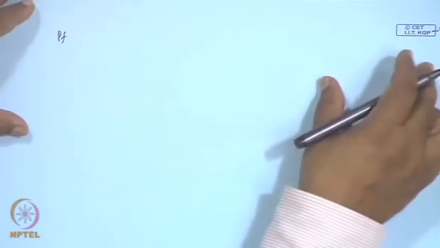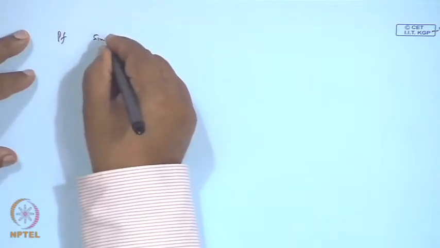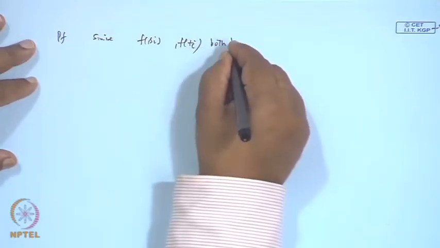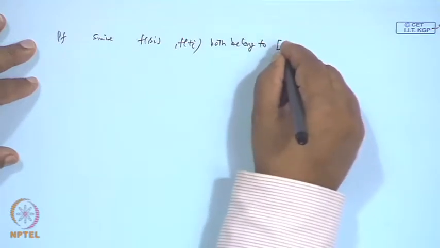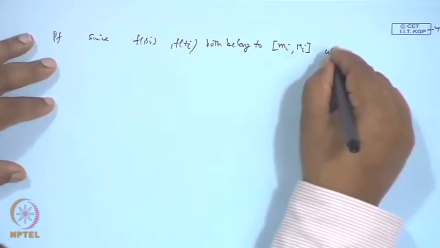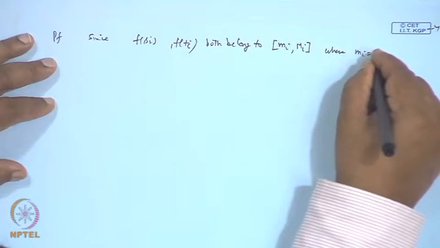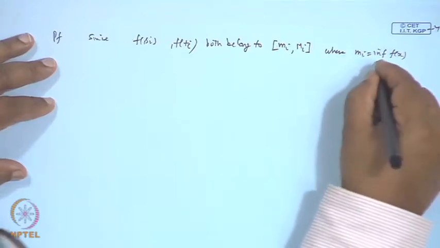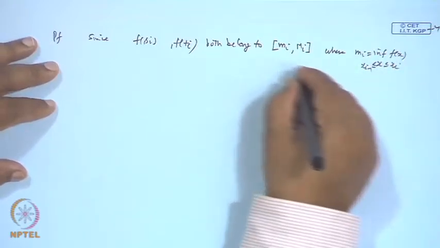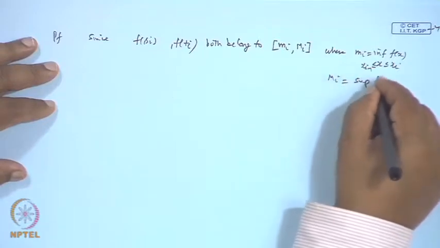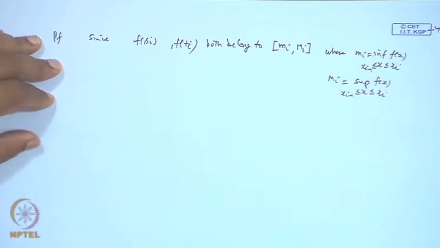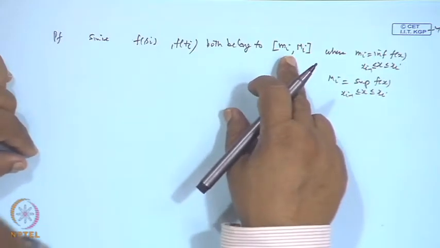Since f of S i and f of T i both belong to the interval m i to capital M i, where m i is the infimum value of the function f of x when x is greater than or equal to x i minus 1 and less than or equal to x i, and capital M i is the supremum value of the function f of x when x lies in the interval x i minus 1 to x i, both these values are in the interval m i to capital M i.